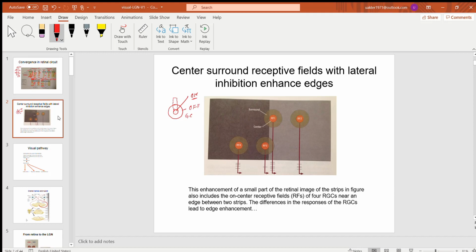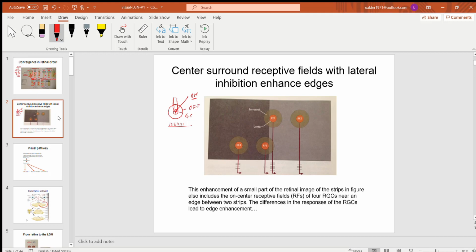So you will see the firing action potential. Okay, so this is the condition when I am putting the stimulus just on the center. So this is on and this is off surround, right?